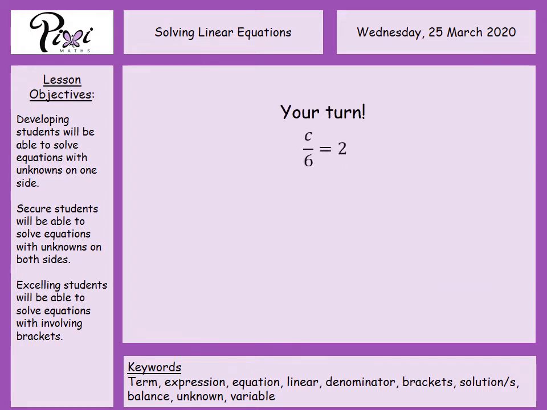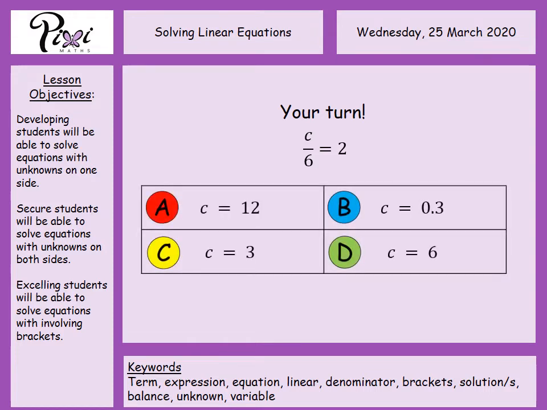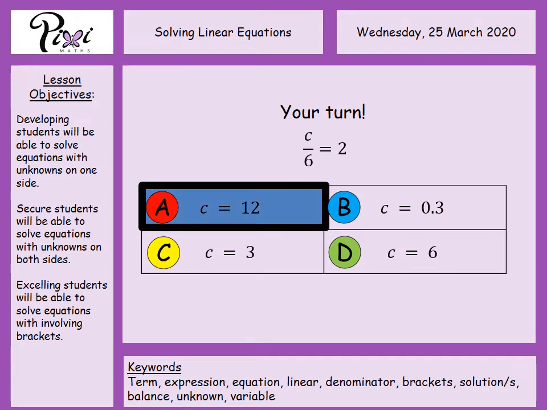Now I have this question. c over 6 equals 2. What do you think? Which one is the answer? To solve questions like these, I will multiply both sides by 6. So, what is the answer? Yes, it's A. c equals 12.